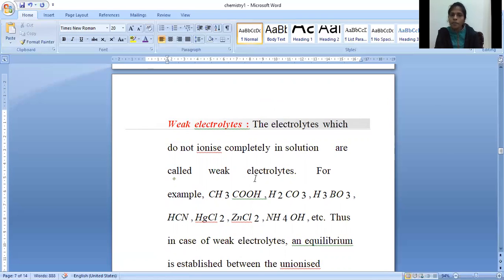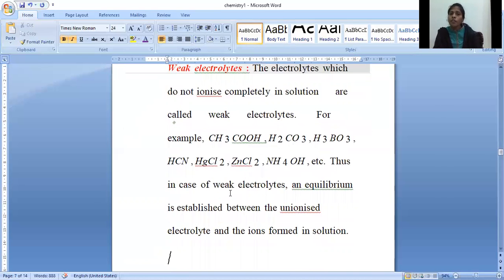For example, acetic acid, that is a weak acid, carbonic acid, boric acid, hydrogen cyanide, mercurous chloride, zinc chloride, ammonium hydroxide. Here all these are the best examples of the weak electrolyte.